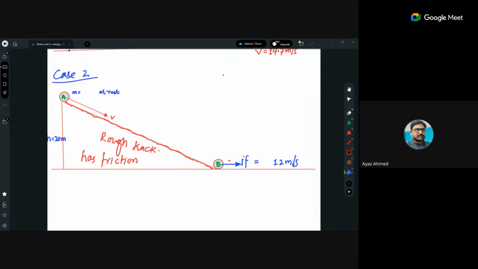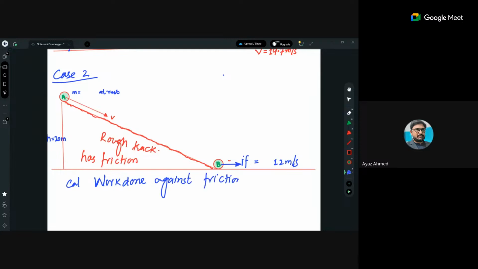How much speed does it have? 12 meters per second. Then calculate work done against friction.